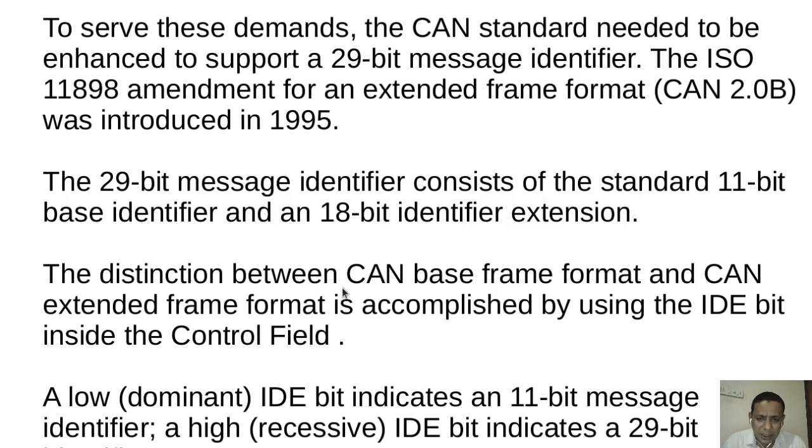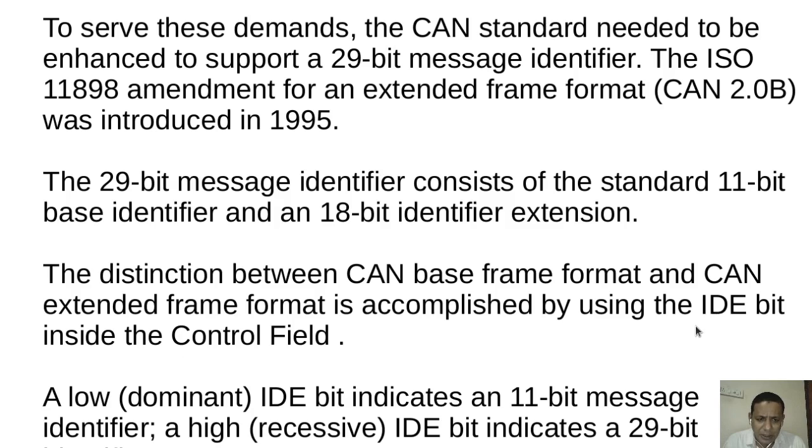The distinction between the CAN base frame format and the CAN extended frame format is accomplished by using the ID bit inside the control field. This frame format is divided into different fields, and one of the fields is the control field. In the control field there is an ID bit.